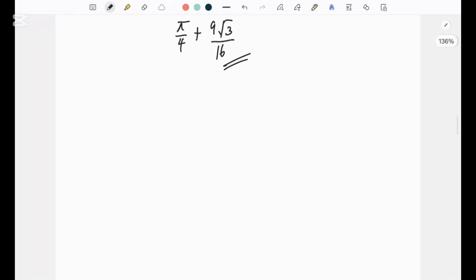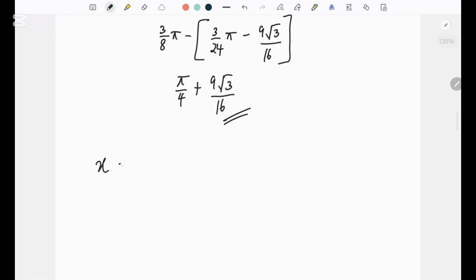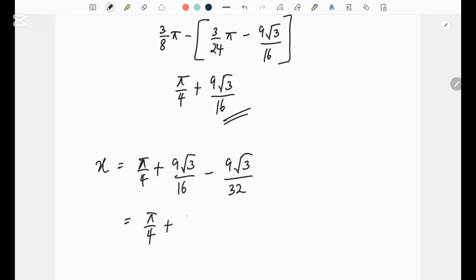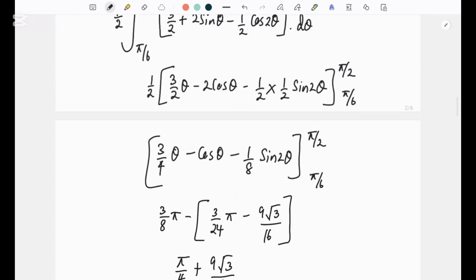So x equals pi over 4 plus 9 root 3 over 16 minus 9 root 3 over 32, right? So this would be pi over 4 plus 9 root 3 over 32. Okay, that's easy. Now we found x.